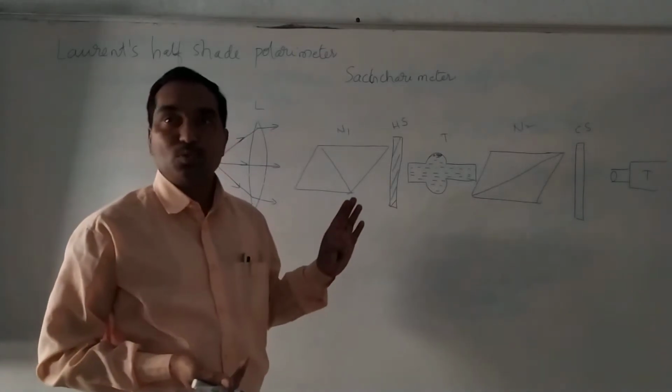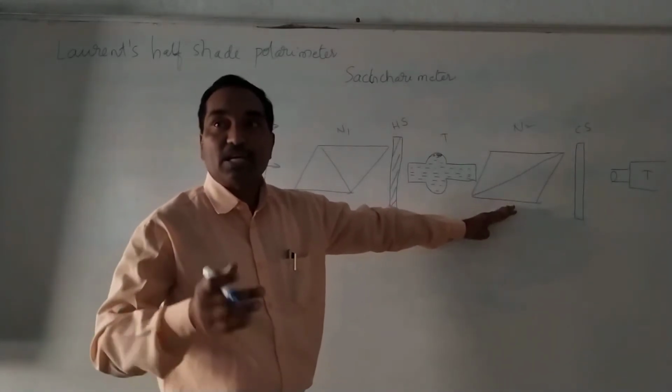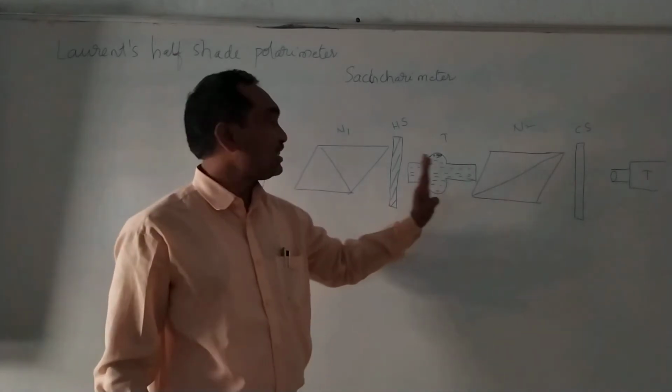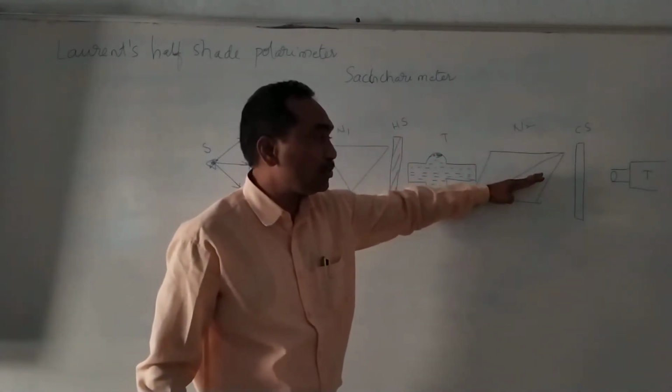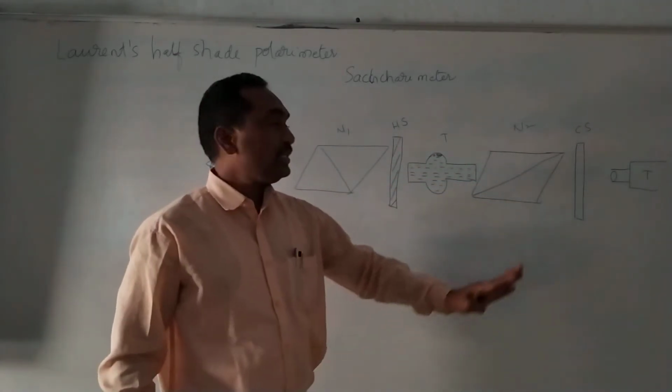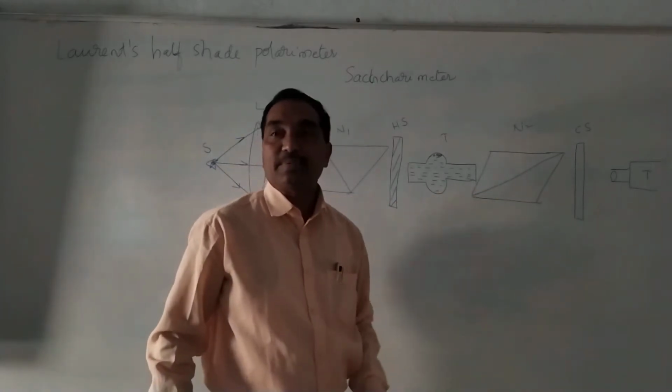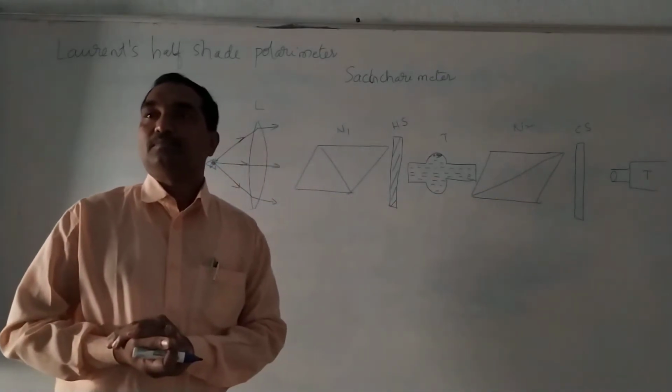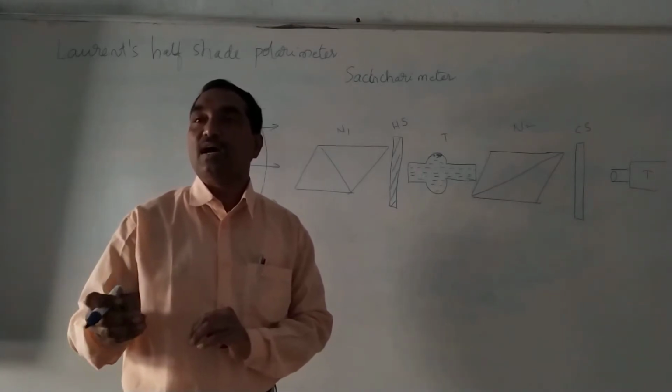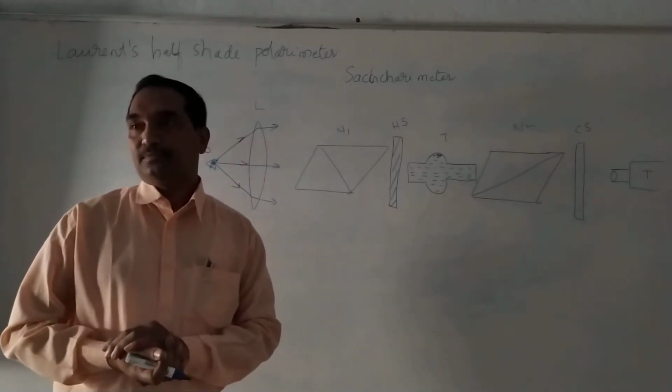If the two Nicol prisms are in cross position, the intensity is 0, because the optic axes are perpendicular to each other. The intensity coming from the Nicol prism N2 is 0, that is, we observe it as dark.